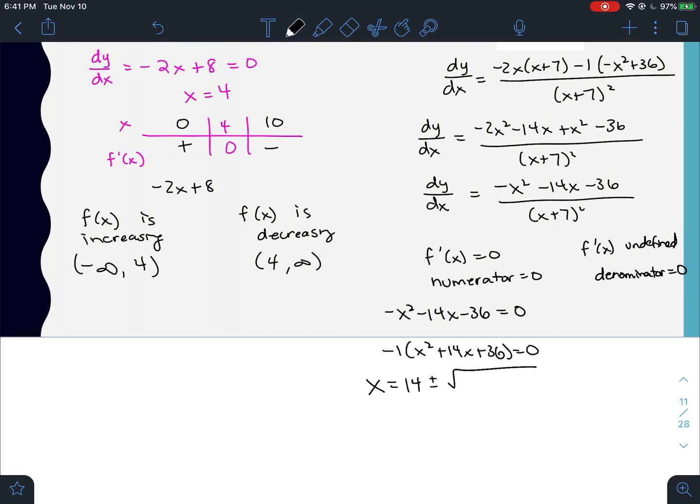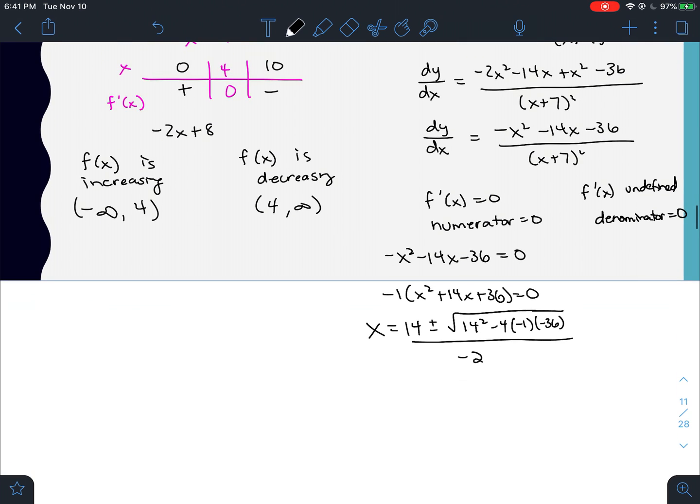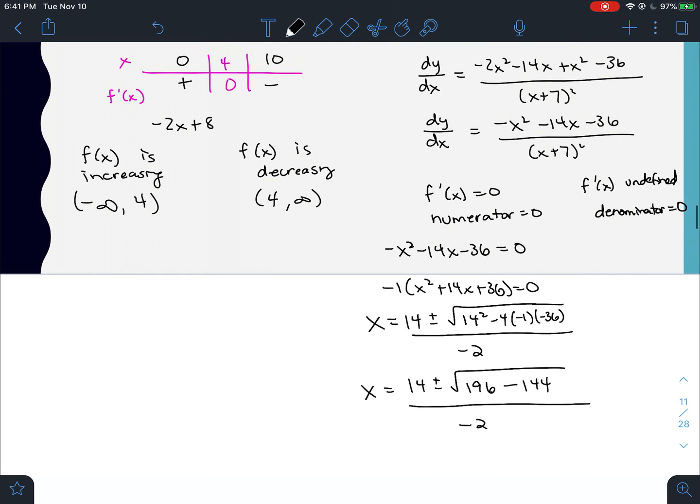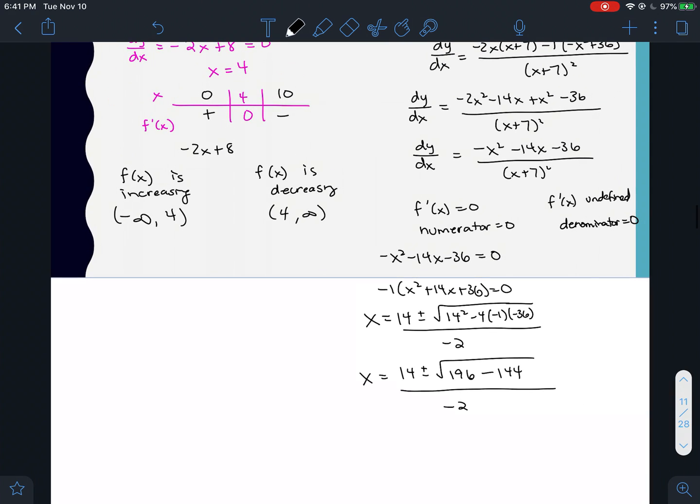So x would equal the opposite of b plus or minus the square root of b squared minus 4ac, so that would be 14 squared minus 4 times a times c, all over 2 times a. And so x would equal 14 plus or minus the square root of 196 minus 144, all over negative 2. And so that is going to give me some answers.